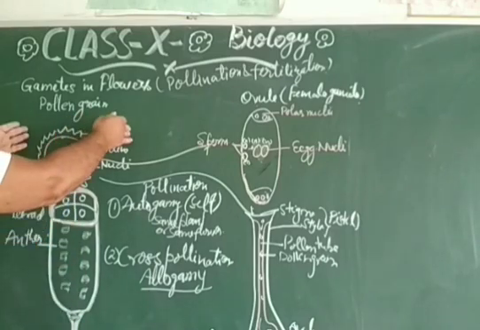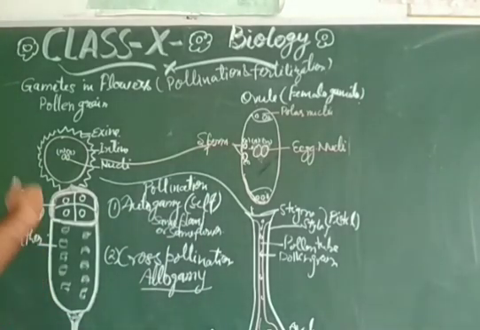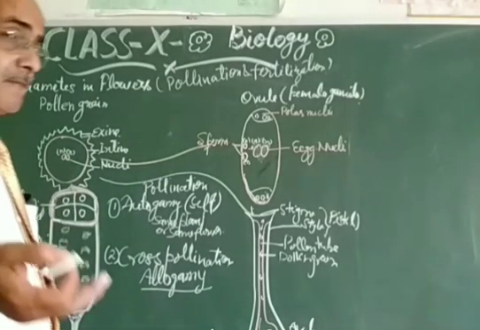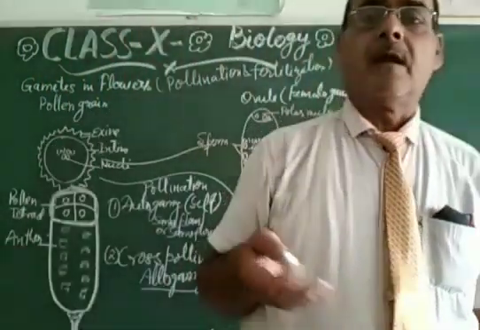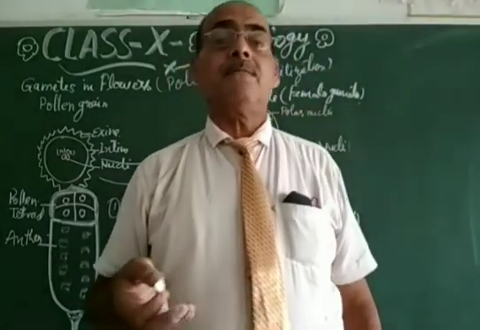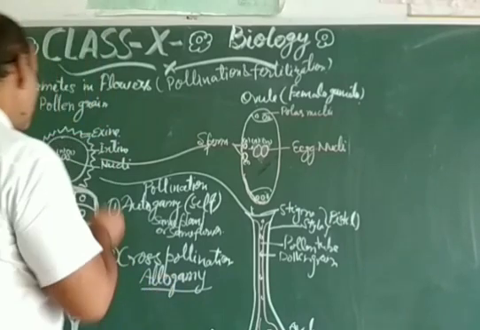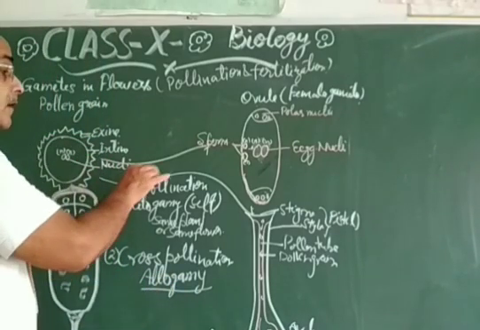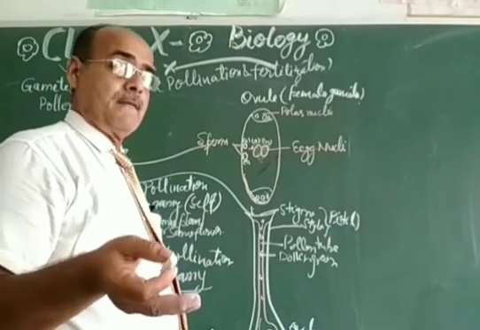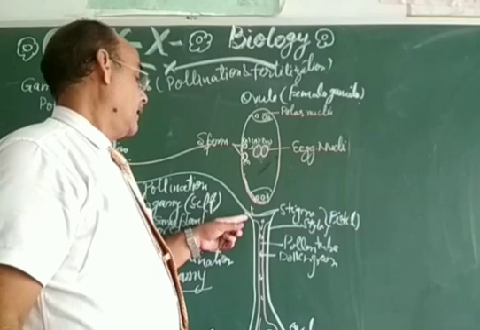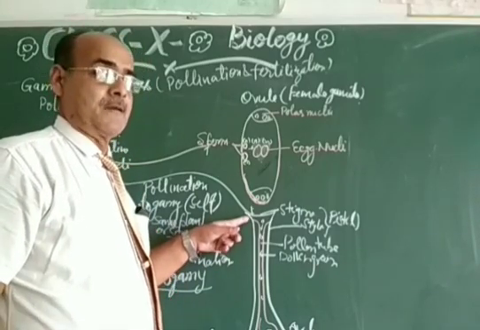This is the male gamete, this is the female gamete, and after development of the flower, the process of pollination takes place. The process of pollination is the transfer of the pollen grain from the anther to the stigma, either of that flower or of another flower.